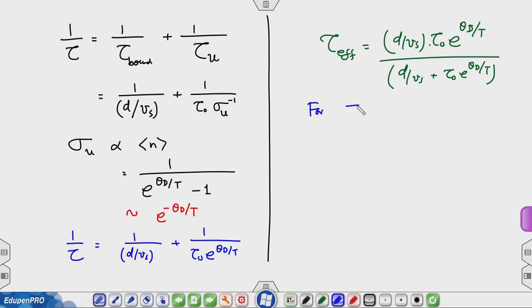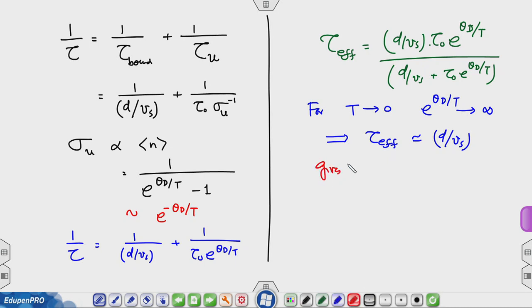For t tending to 0, I have e raised to theta d divided by t going to infinity, and therefore, tau effective is roughly d over V s, and this gives kappa proportional to t cubed d, as we saw earlier.